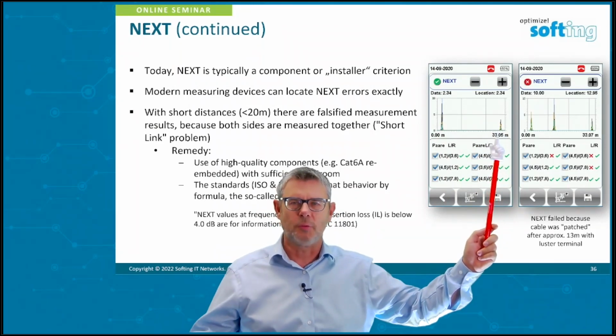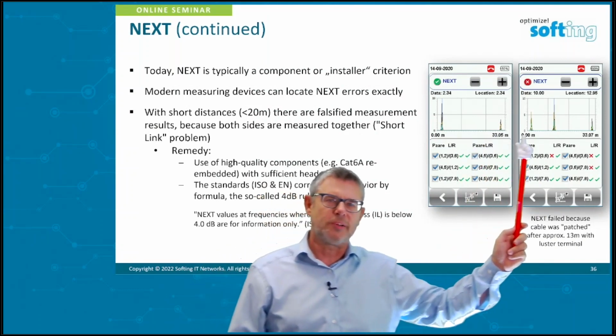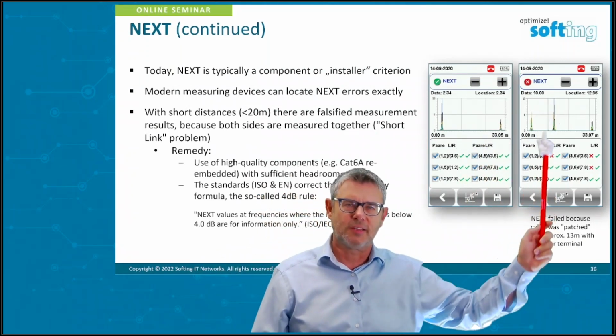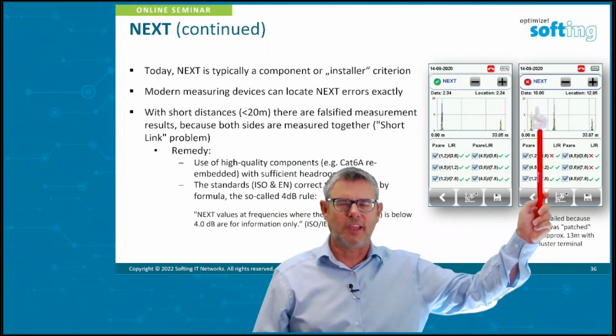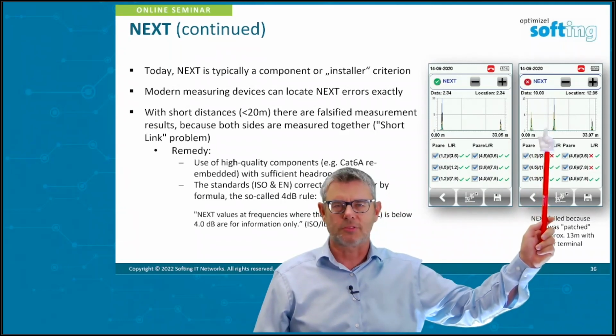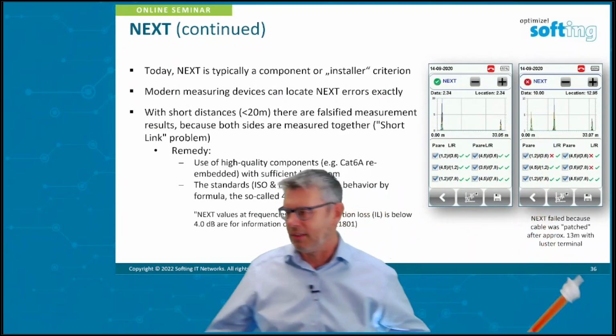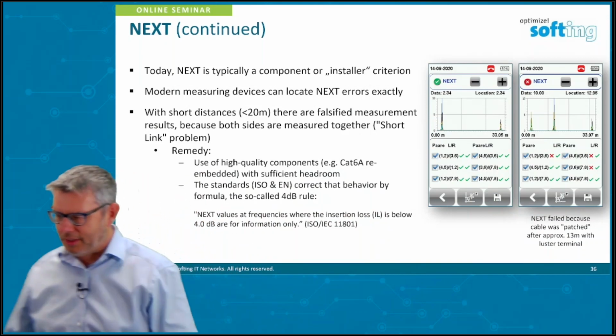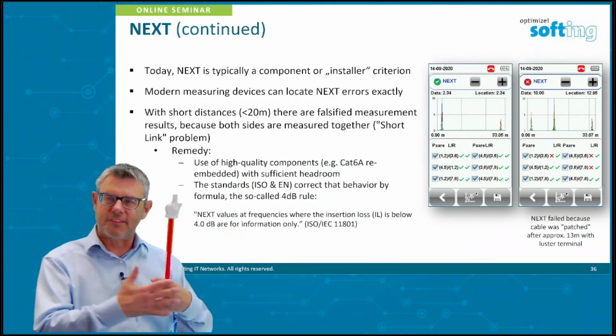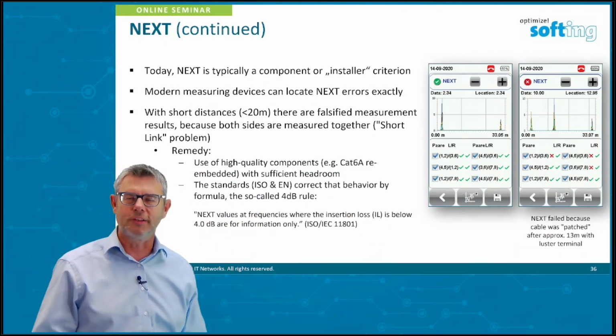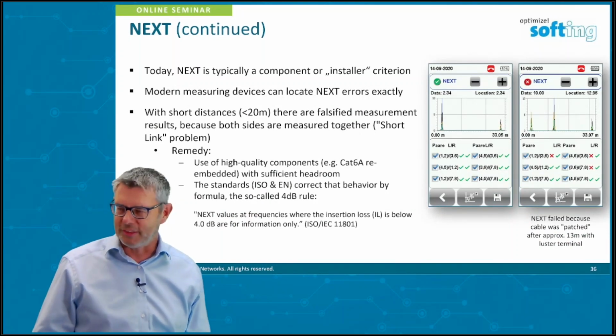This is simply where the connectors are. But if you get this one like here, where you got a NEXT disturbance somewhere in the cable run itself, you know something is wrong here. So what happened here? Somebody has cut the cable and combined it again with a Lüster terminal, which is definitely not good enough for an RF transmission line.